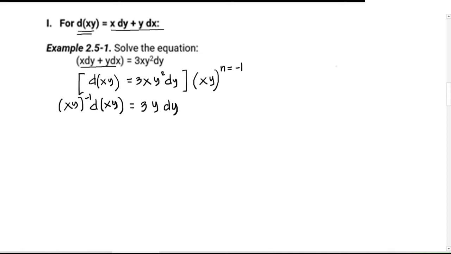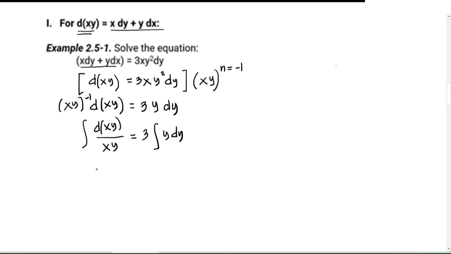For the left side, we are going to use the ln formula. So I'm going to write this as the differential of xy over xy. Then in the right side, you have 3 integral of y dy.